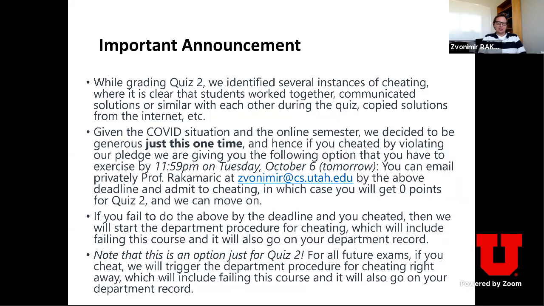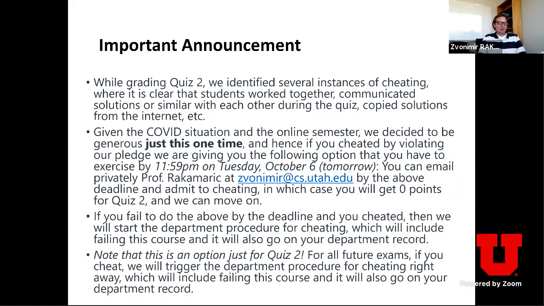I think that's a really good and generous deal. Getting 0 on one quiz, and we do drop the lowest quiz score. So, ultimately, if you do well on other quizzes, that might not actually affect your grade, despite the fact that you cheated on this one quiz.